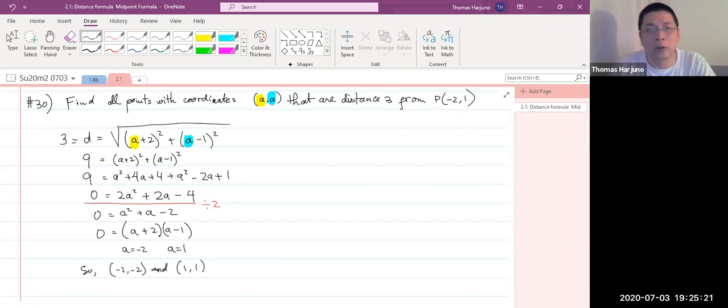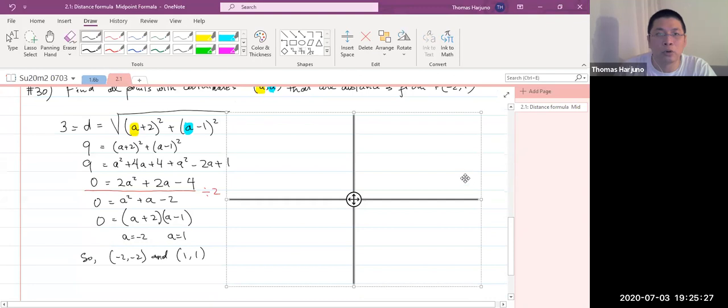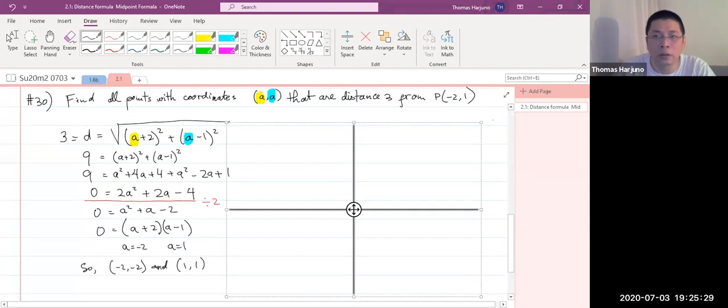Another way to interpret this question is actually as the following. Suppose I have a circle centered at -2, 1. So -2, 1, let me put it here. And the distance is 3 units.